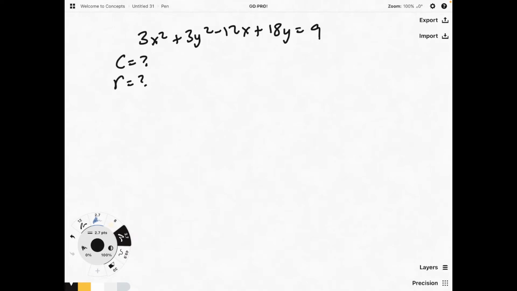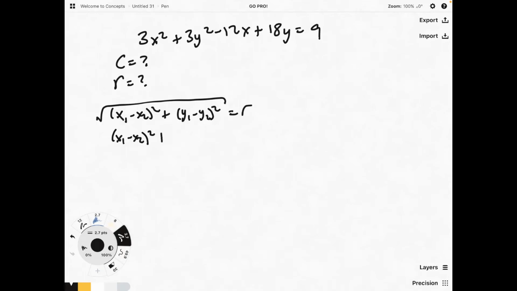So this one's a little tricky. We know that the standard equation of a circle is the square root of (x1 − x2)² + (y1 − y2)² equals r. Getting rid of the square root, we're left with (x1 − x2)² + (y1 − y2)² = r².